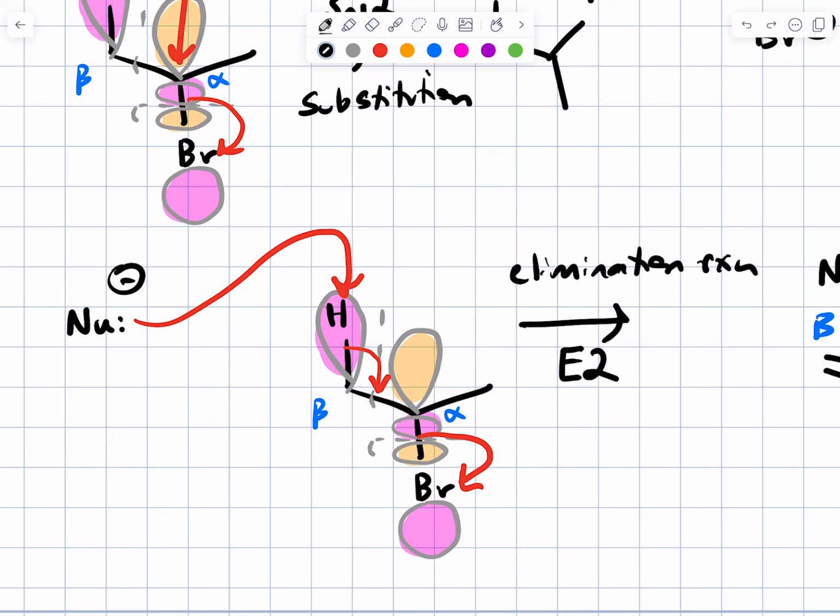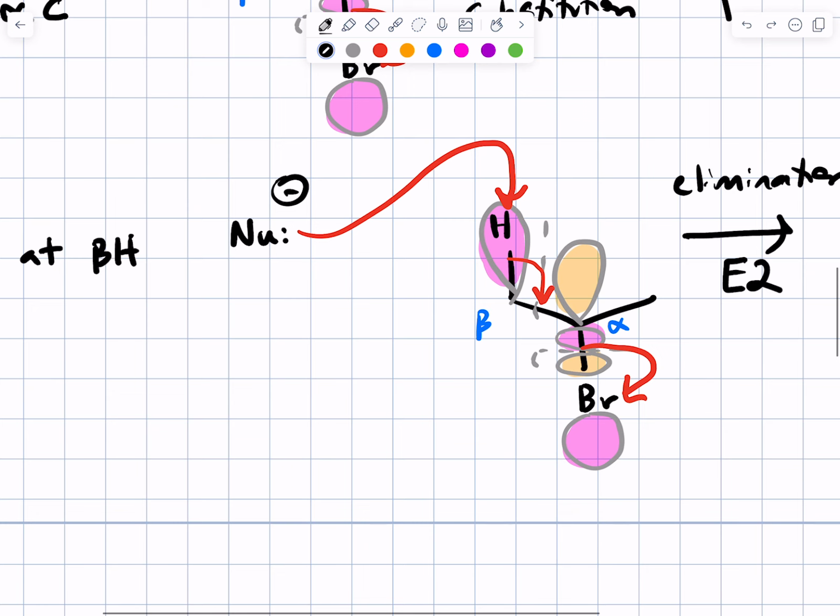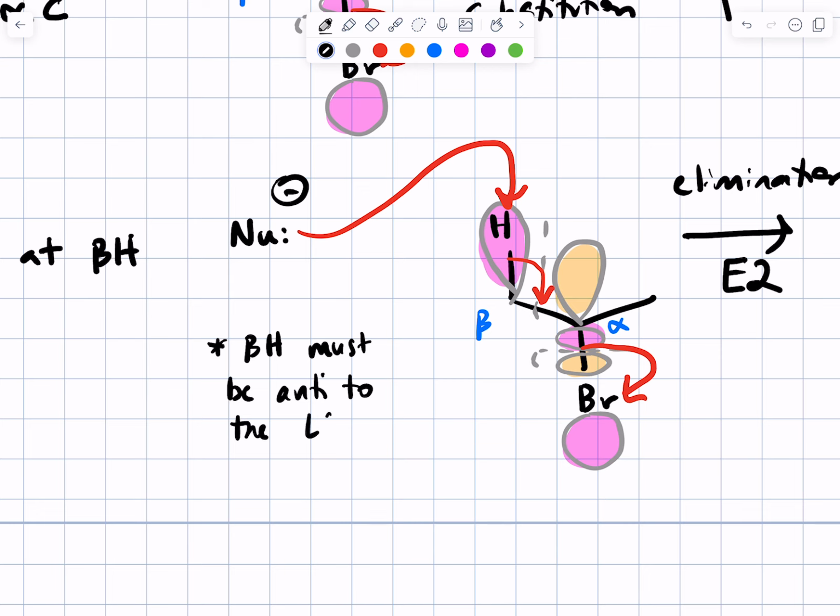And that creates an interesting requirement for the beta proton in an elimination reaction. This is really important. The beta proton must be anti to the leaving group on the alpha carbon.